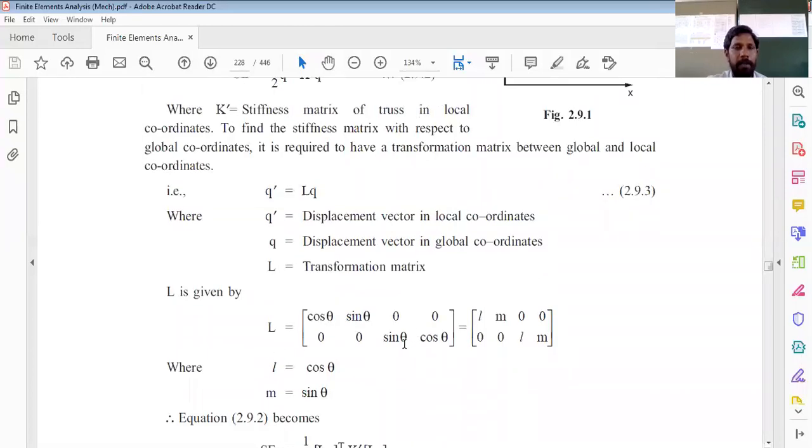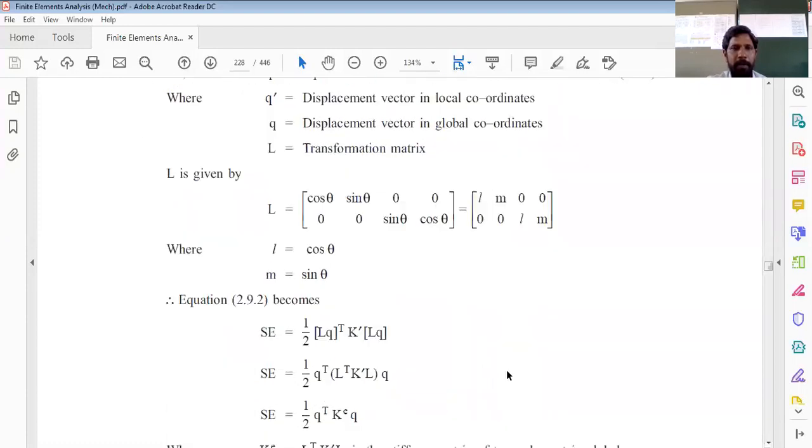L equals [cos theta, sin theta, 0, 0; 0, 0, cos theta, sin theta] with respect to q1, q2, q3, q4 in the first row, and also with respect to q1, q2, q3, q4 in the second row. So it is nothing but [l, m, 0, 0; 0, 0, l, m].